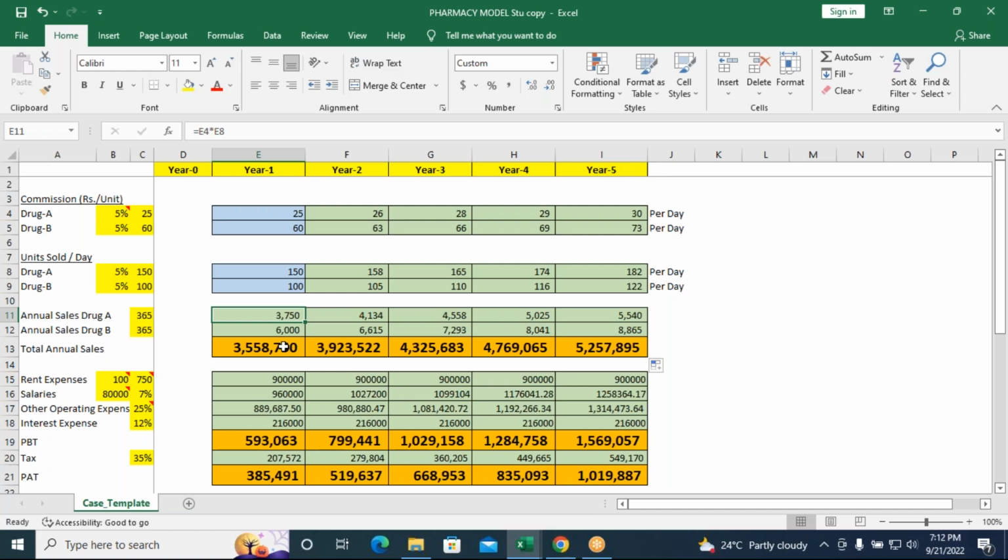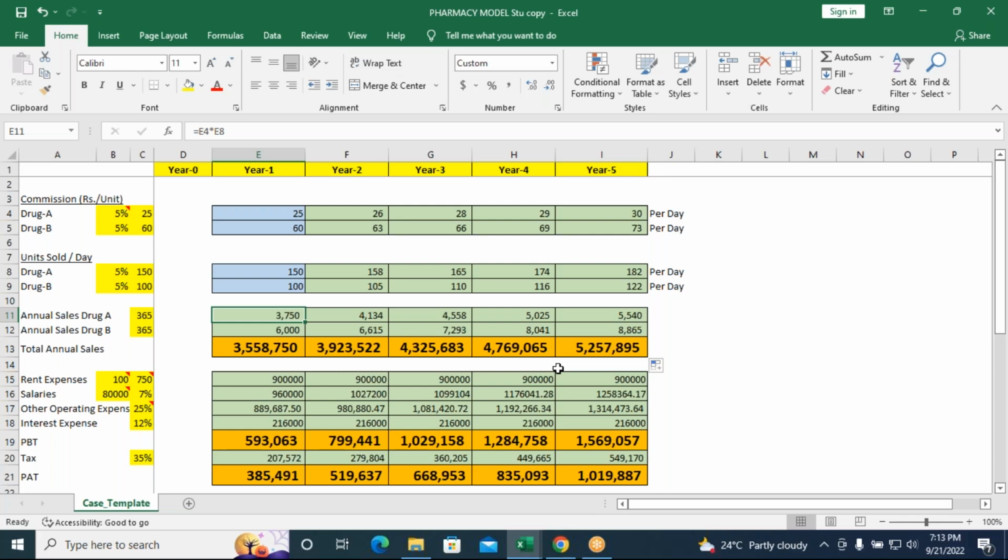Tried? Yes, ma'am. Are you getting the values? Is it matching? Yeah, it's matching, ma'am. So maybe there was some formula error over there. That is why it was not calculating properly.